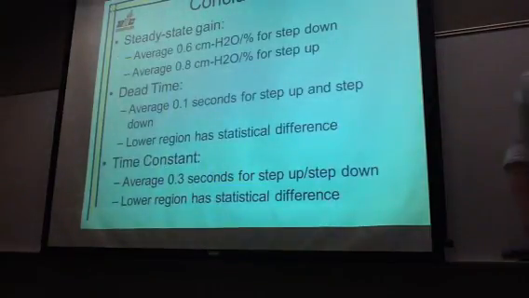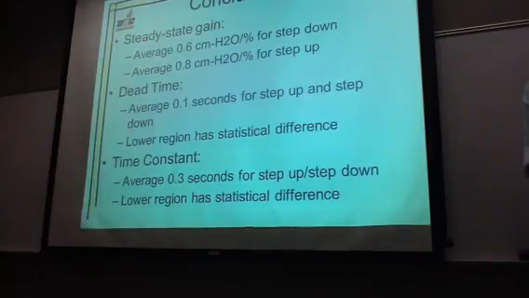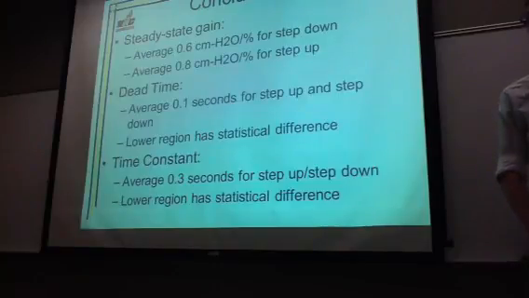In conclusion, we were able to determine that for the steady state operating gain, we had an average of 0.6 centimeters of water per percent for the step down, and 0.8 centimeters of water per percent for the step up step response functions. The dead time averaged 0.1 seconds for the step up and the step down step response functions.